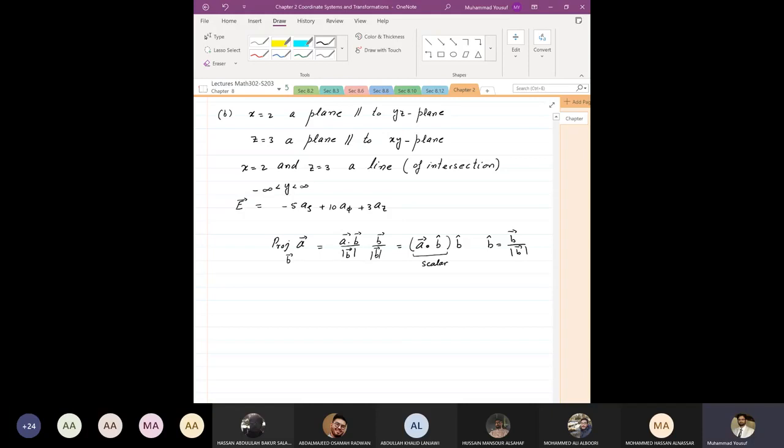This is what you get if you are taking a projection of vector A onto vector B. We also call it the projection of vector A in the direction of vector B. And this is a vector projection because the result of this is a vector.